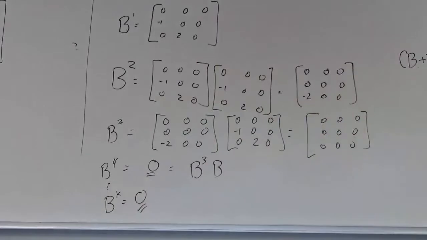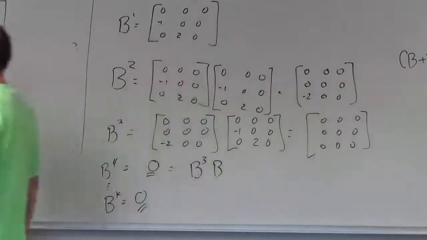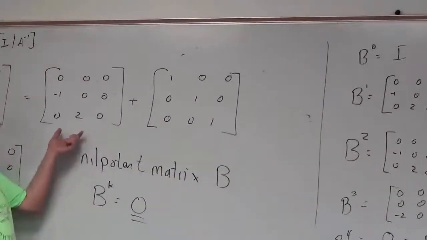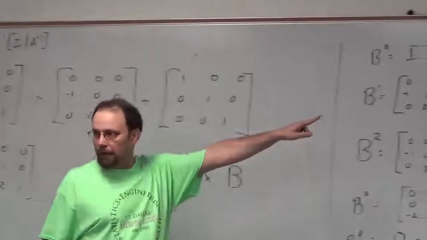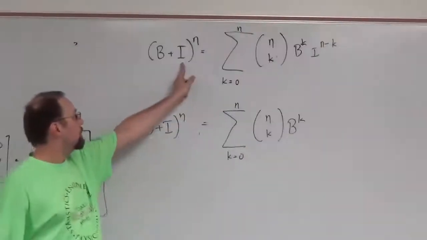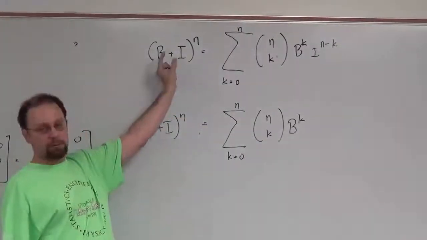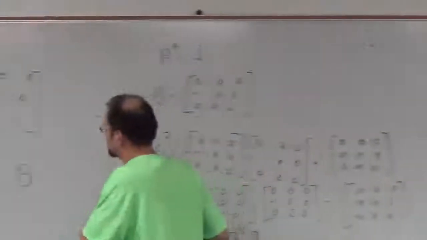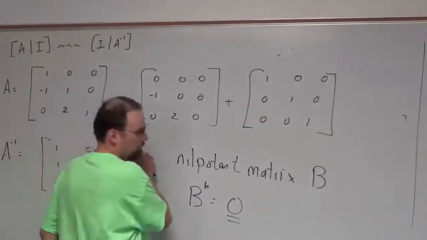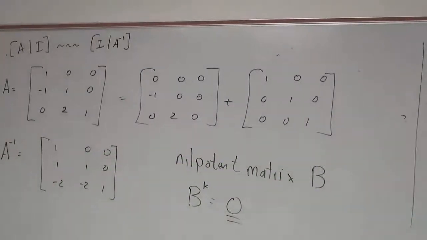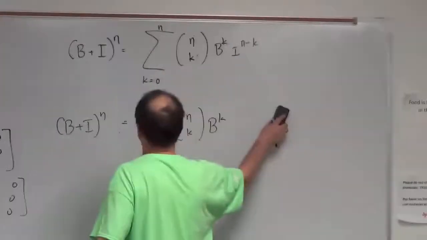So you see how this is all going to pan out, right? We were able to rewrite matrix A as identity plus this nilpotent matrix, and now we can apply this binomial formula for the special case when these two matrices commute. So let's do that. Okay.